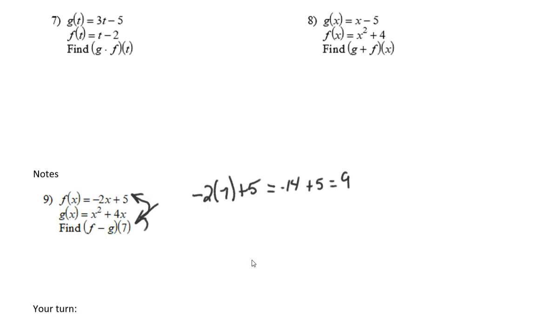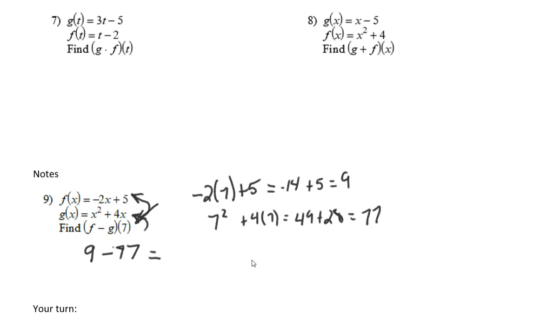Then we're going to plug 7 into the next function also, which would be 7 squared plus 4 times 7. So that's going to be 49 plus 28, which, if my math is right, is 77. So then the function says do the first one, the negative 9, and subtract the second one, the 77.